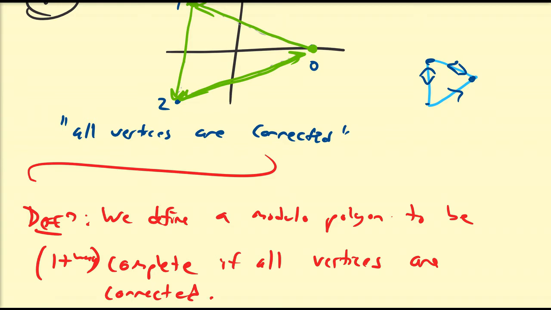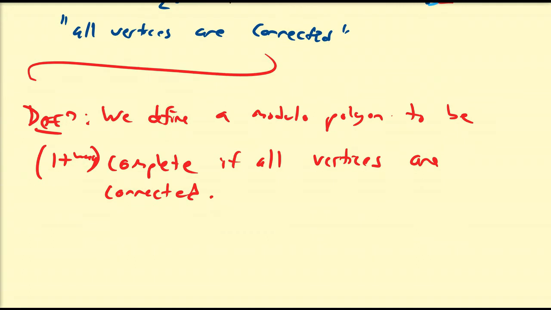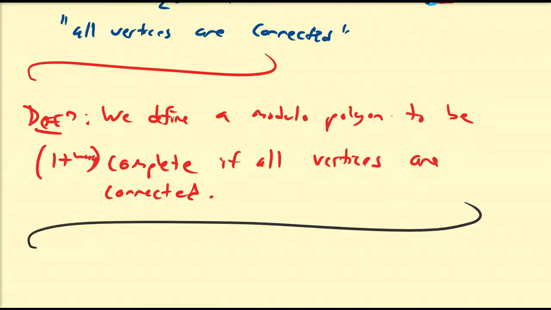And you can extend this to say 2+ way complete or 2-way complete. That's the case where all the vertices are connected in both directions. So 1 is going to go to 0 and 0 is going to go to 1, and same thing for all of the others.